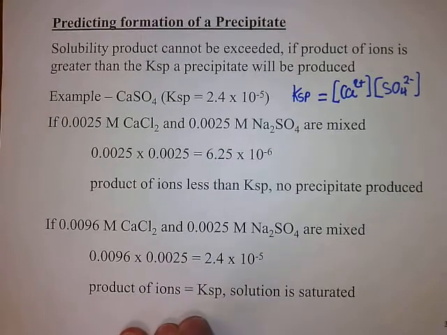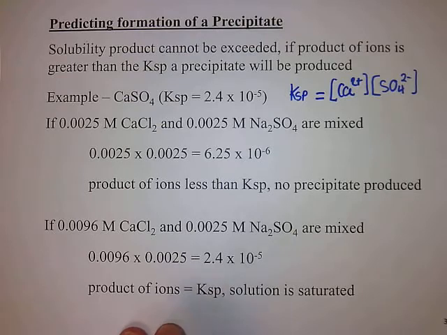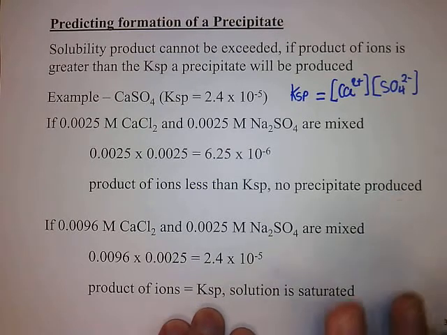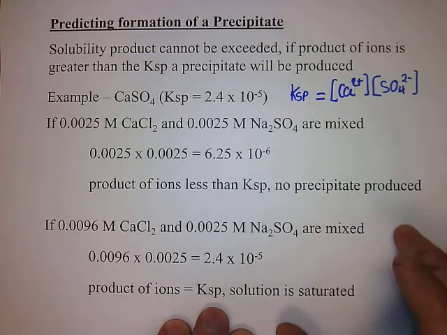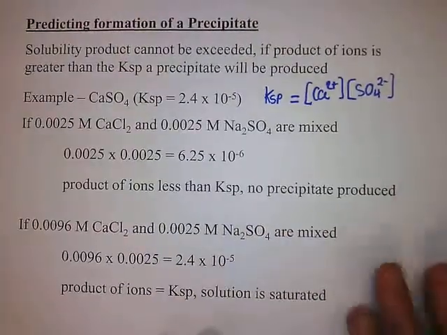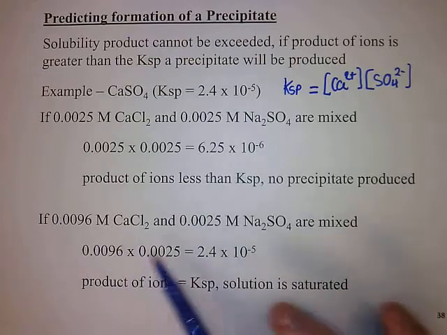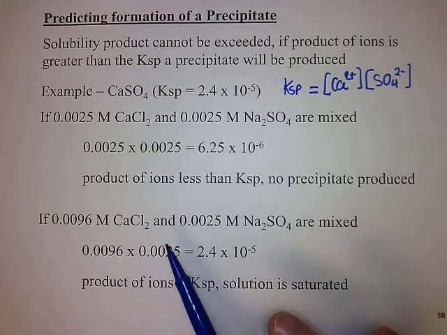Well, now we're equal to the KSP. In other words, the product of the ions is equal to the KSP. So at this point, the solution is saturated. It doesn't necessarily mean we're going to have a precipitate, but we're at the point where the solution is saturated. That's the maximum concentration that you can have.